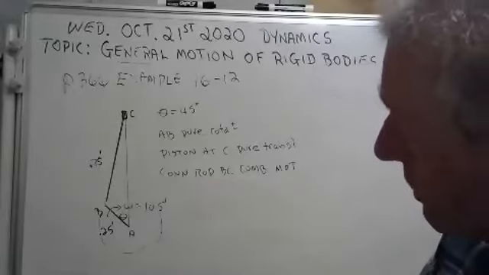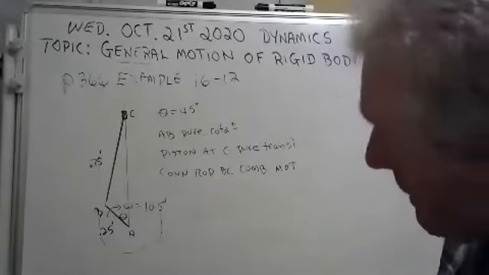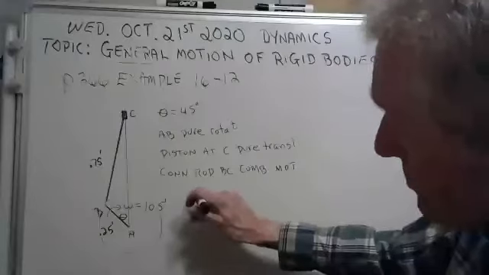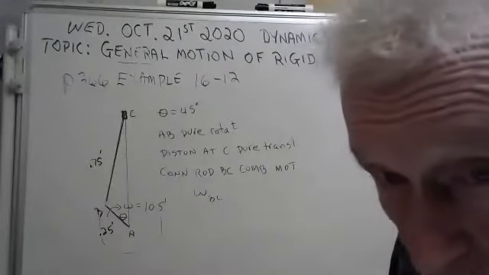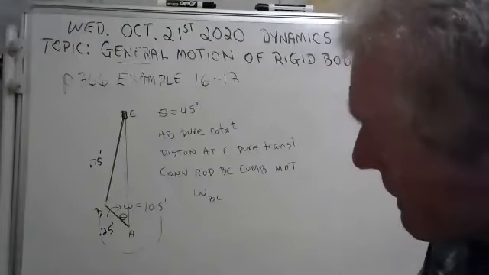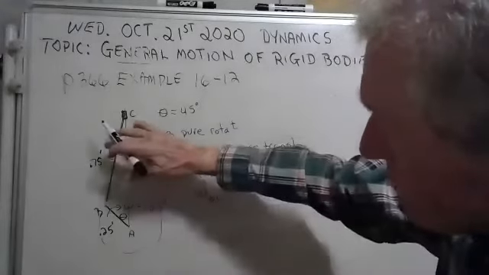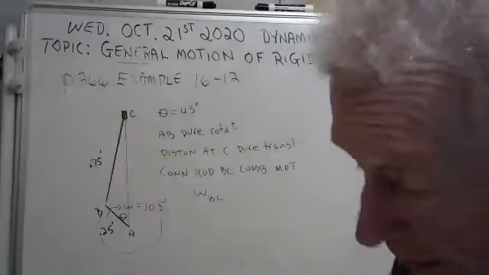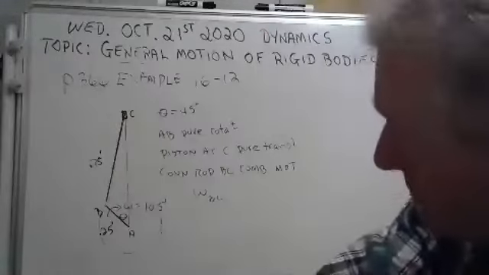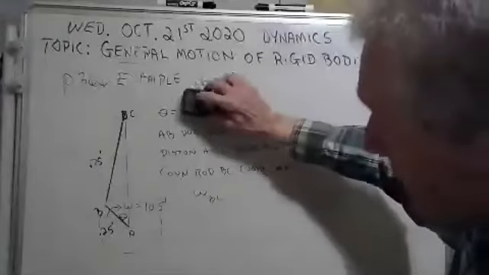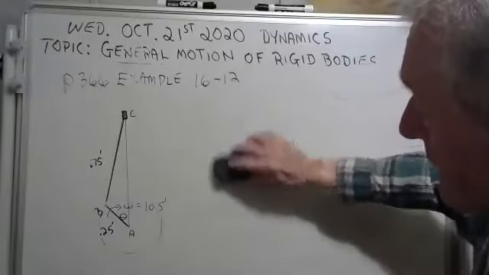It's going counterclockwise. It has an omega at that instant. It has an omega of BC, and we're gonna find what it is. And we're going to find the velocity of the piston while we're at it. But the very first thing we have to do is we have to find the ICZV.